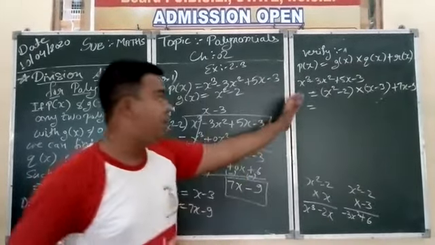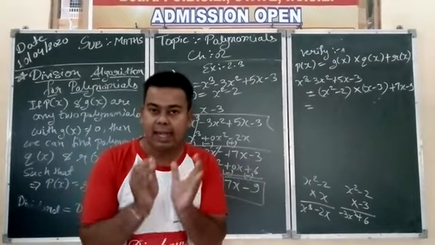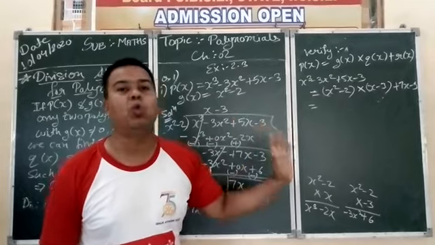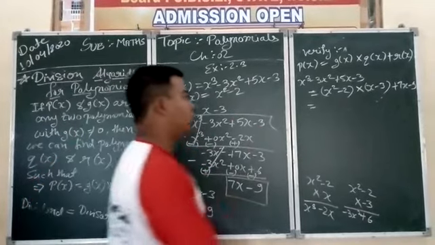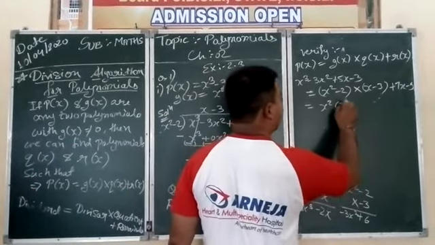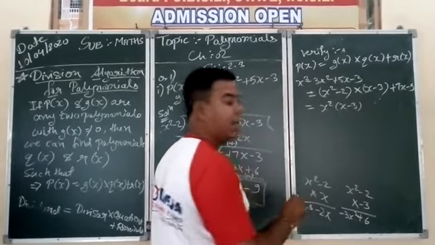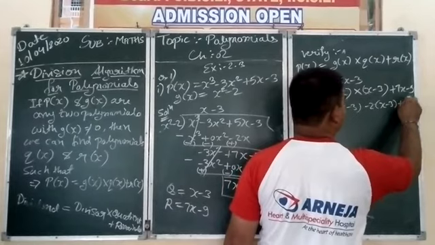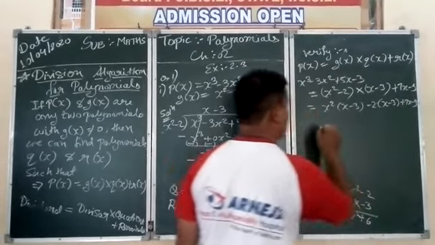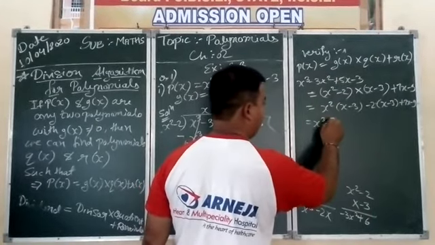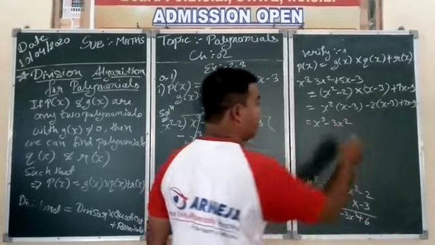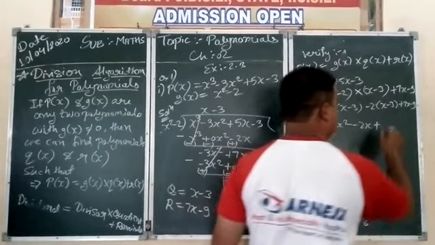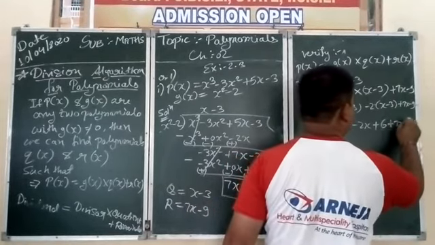Now we solve the RHS and see whether it is equivalent to the LHS. x square is multiplied by x minus 3, minus 2 is multiplied by x minus 3, and plus 7x minus 9. So x cube minus 3x square minus 2x plus 6 plus 7x minus 9.